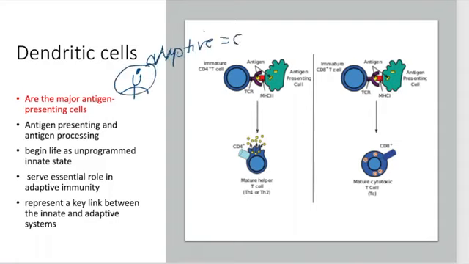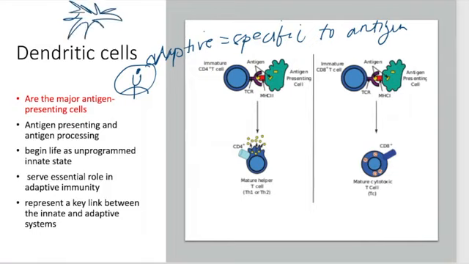And that's how it's specific to antigen. And again, this is just kind of an introduction to these cells. We're going to be going much more into it when we get into immunity. They are also present in innate and adaptive, and they are kind of that bridge. So they represent a key feature of that. Remember that the dendritic cells have those arm-like projections. All right, and that's how you can tell them apart from the macrophages.